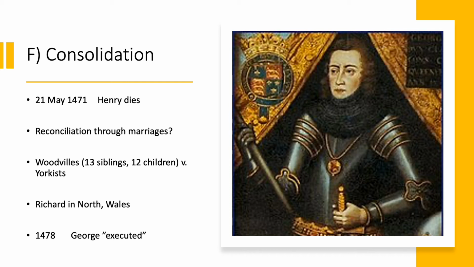He does have in his wife Elizabeth Woodville a lot of potential marriage partners. Elizabeth had 13 brothers and sisters. Between her two marriages, she has 12 children. A lot of these Woodvilles then are married to Lancastrians. They're also married to Yorkists.